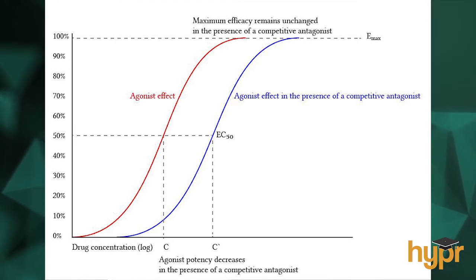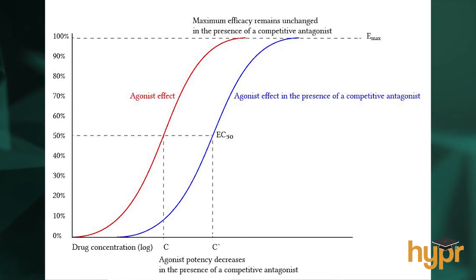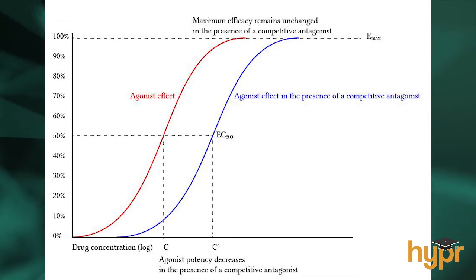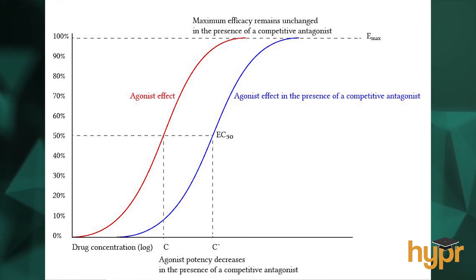The graph highlights the point made earlier. Due to the competitive antagonism, it would take far more agonists to effectively kick out the antagonist from the receptors. Now, since it will take far more agonists to achieve the same effects, the curve is shifted to the right. You will see this point further in our section on potency.